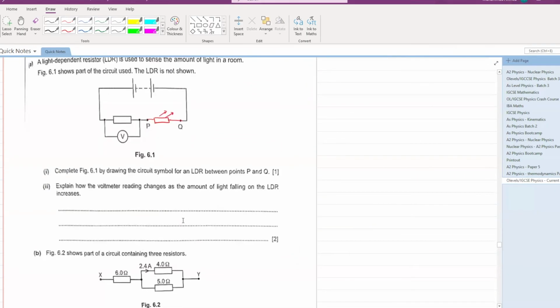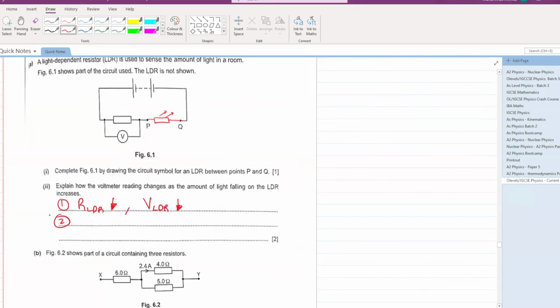Explain how the voltmeter reading changes as the amount of light falling on the LDR increases. As the amount of light falling on the LDR increases, what will happen? If the light intensity increases, the resistance of the LDR will decrease. As the resistance of the LDR decreases, the voltage across the LDR decreases.